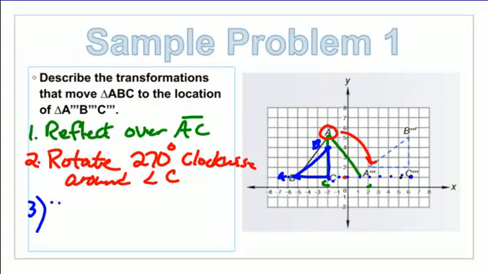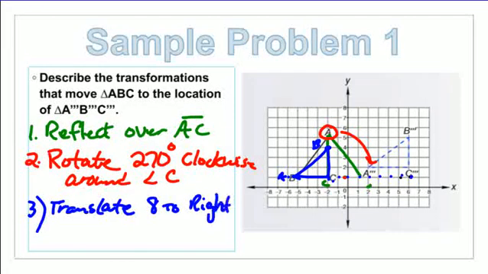So we'll say translate 8 to the right. And then we have to go up 1. And there would be our transformation of triangle ABC to triangle A''' B''' C'''.